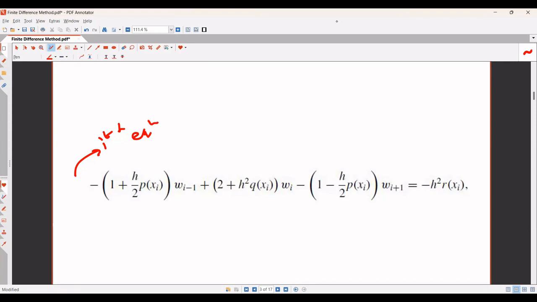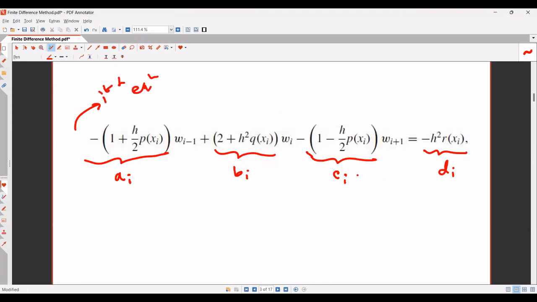In the ith equation, this is w_{i-1}, this is w_i, this is w_{i+1}, and finally this is the right hand side. They are calling this guy a_i, this guy b_i, this guy c_i, and this guy d_i.